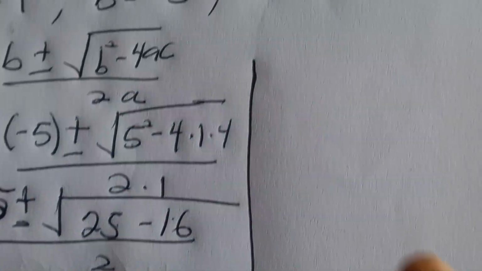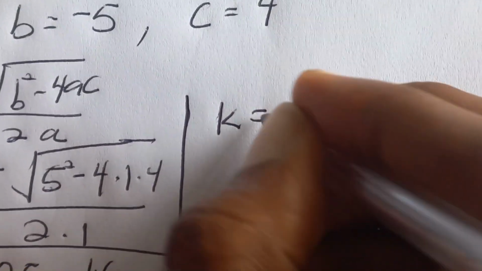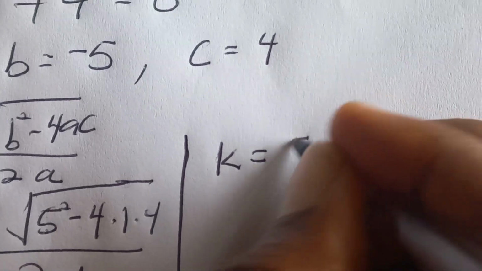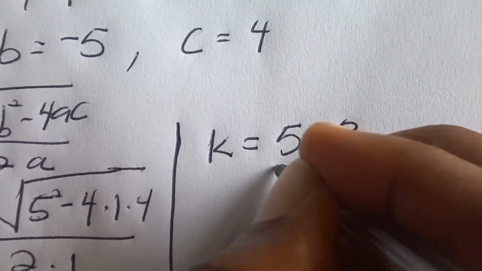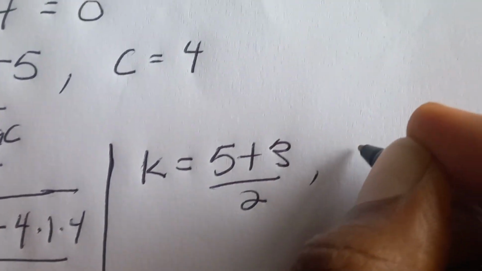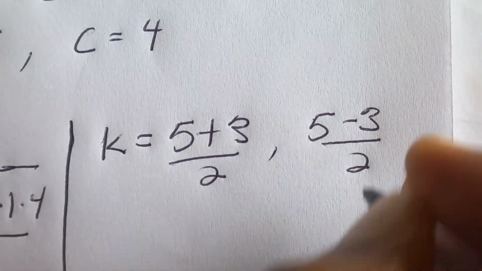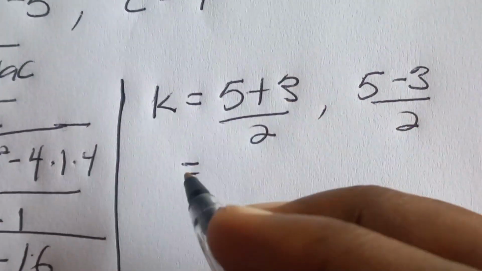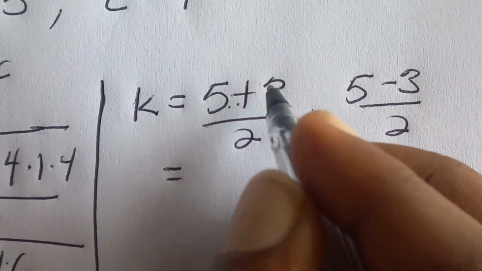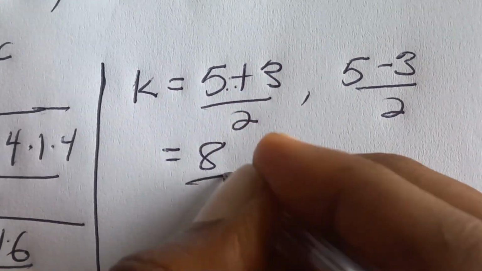So from here, y is equal to 5 plus 3 over 2, or 5 minus 3 over 2. So here we get 5 plus 3 is 8 over 2, which is 4.